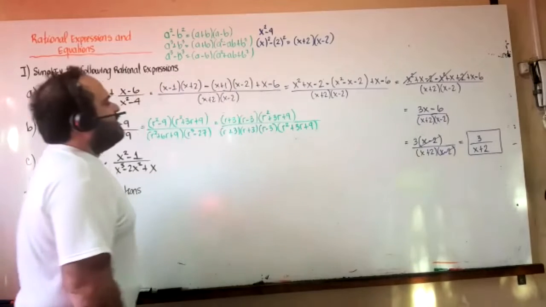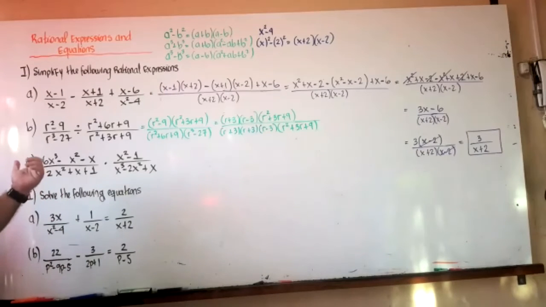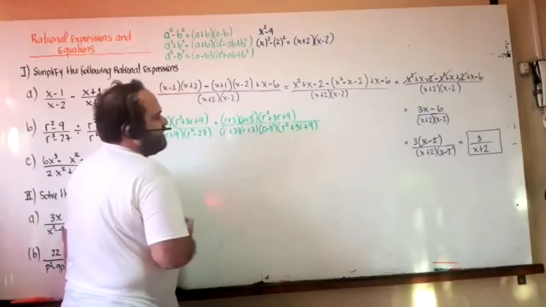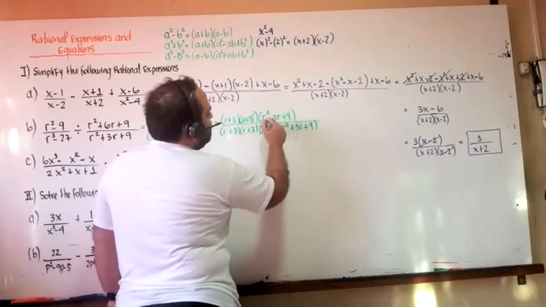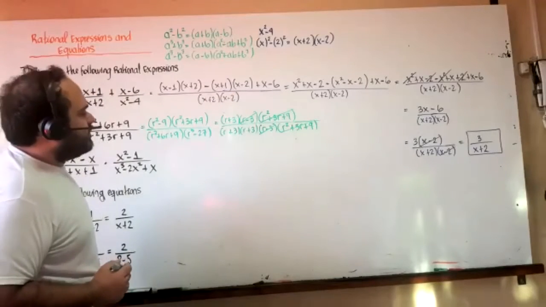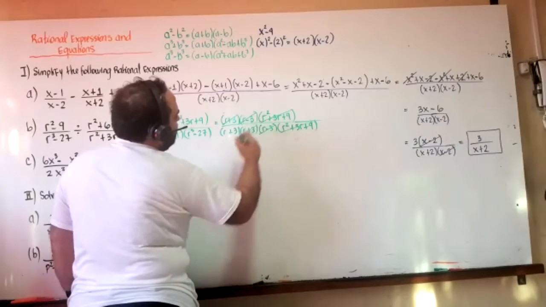So we are factorizing all the steps that we can. So let's cancel this time. r minus 3 can be canceled with r minus 3. This trinomial can be canceled with this one. And also r plus 3 can be canceled with r plus 3.